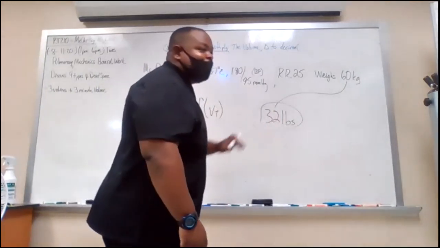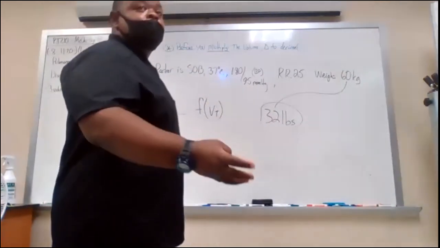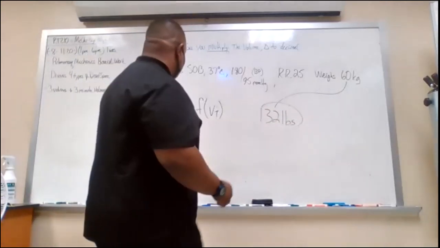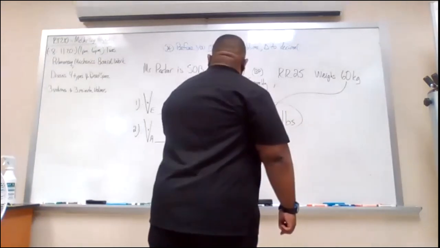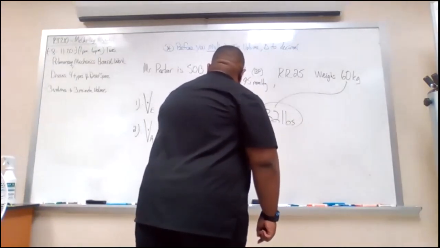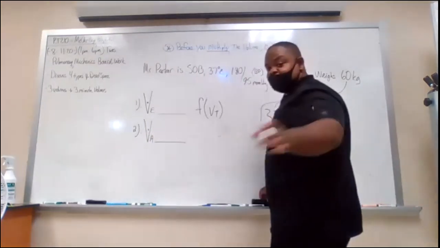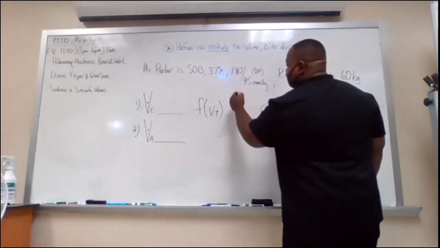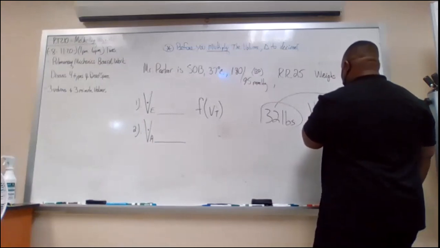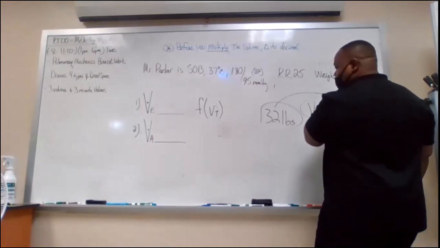So 132 times 3 is what? 396. So that would be 0.396. I'll just show where everybody can see it. So we found out that the tidal volume is 396 mLs.